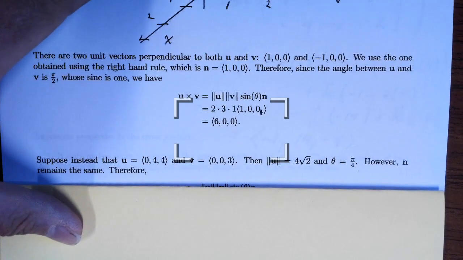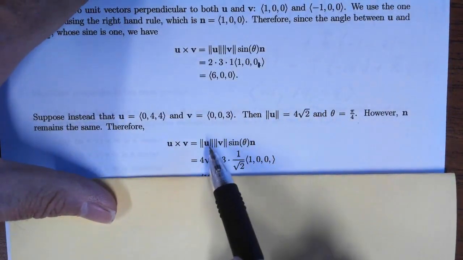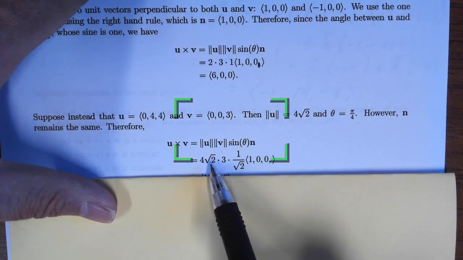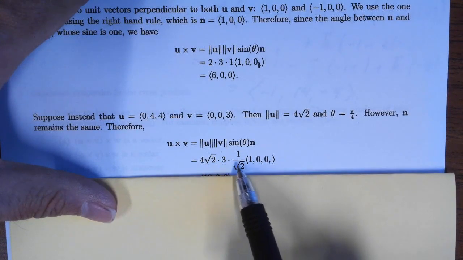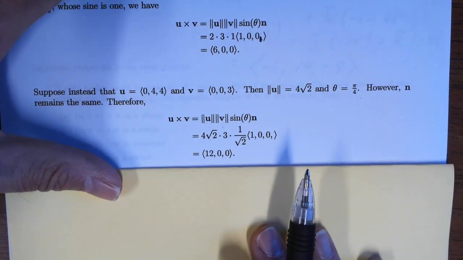So in this case, the cross product would be the magnitude of U times the magnitude of V, 4 root 2 times 3 times 1 over root 2, because that's the sine of pi over 4, and this would simplify to be 12, 0, 0.